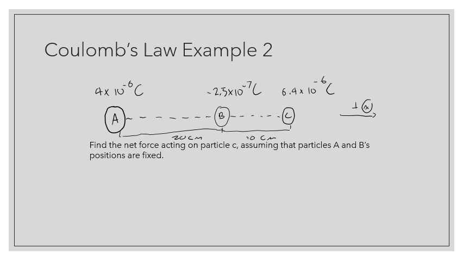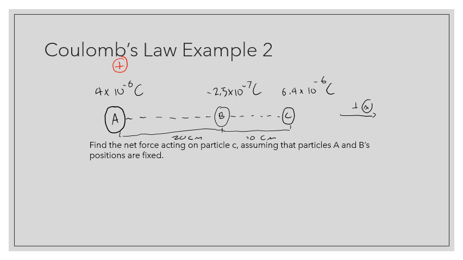Alright, so here's another example of a question that uses both Coulomb's law and the theoretical facts of charges that we learned before. In this diagram, find the net force acting on particle C, assuming that particles A and B's positions are fixed. A has a charge of 4 times 10 to the negative 6 coulombs, so this is positively charged.